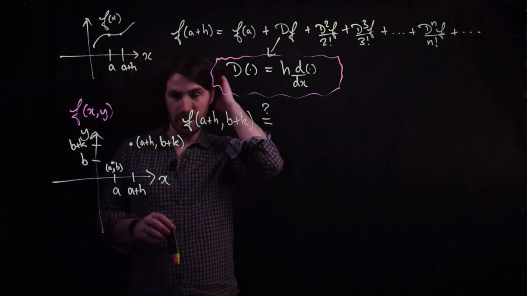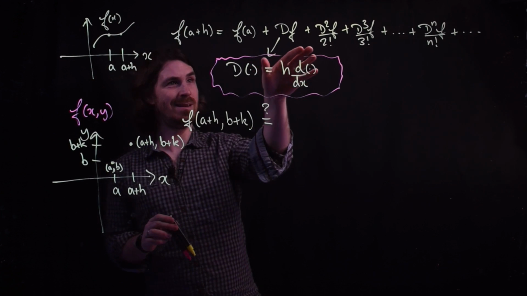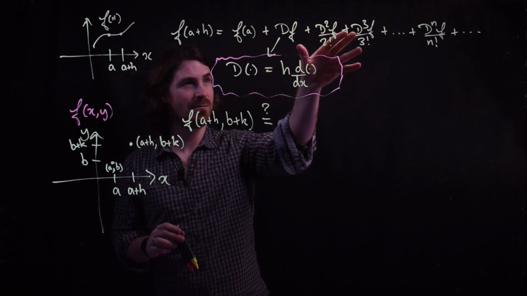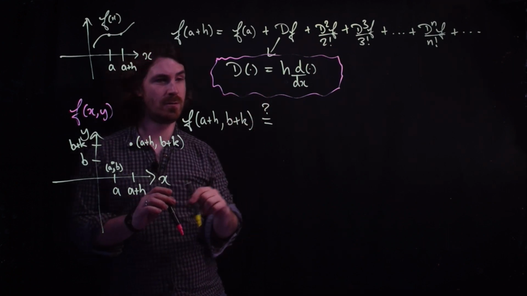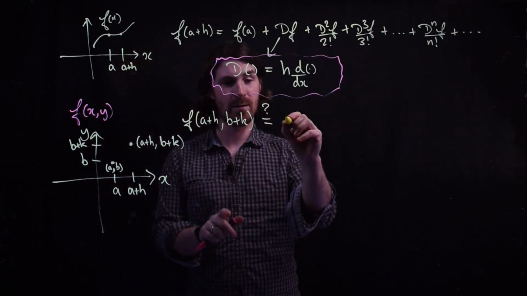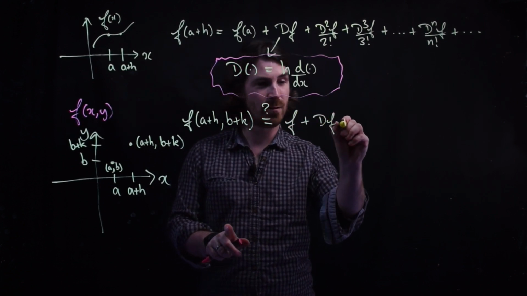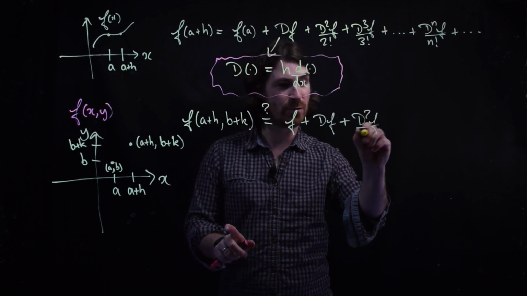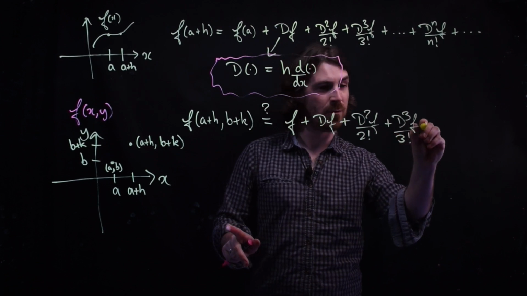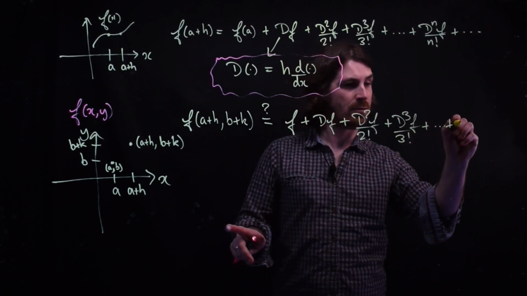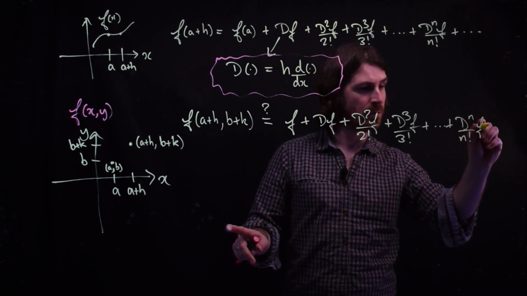And it turns out we can. And more than that, it turns out that the answer is the same as this, except that the d is different. So I'm going to write that the answer is f plus d f plus d squared f over 2 factorial plus d cubed f over 3 factorial plus d to the n over n factorial of f plus.